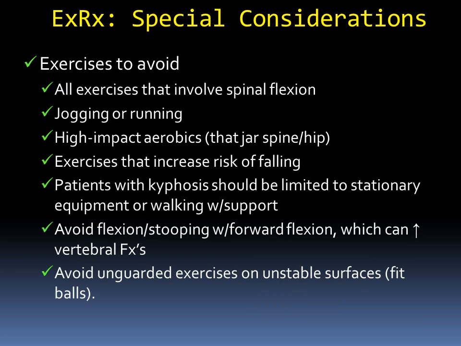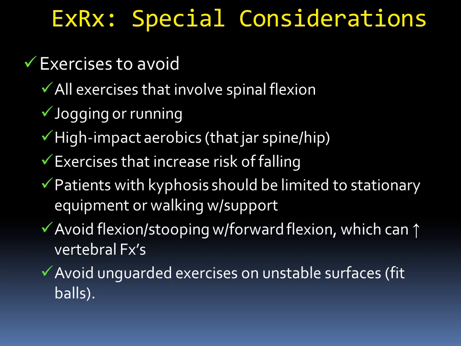What are the special considerations that we need to keep in mind with individuals who have osteopenia or osteoporosis? Exercises that we need to avoid, especially with osteoporosis, are any exercise that involves spinal flexion, high impact activities such as jogging or running, or high impact aerobics, because these are going to be jarring onto the spine and hips.